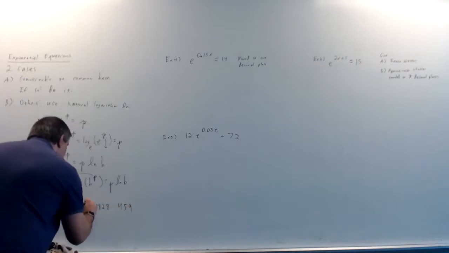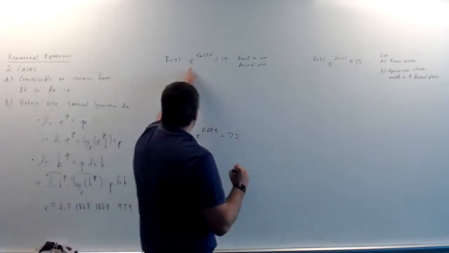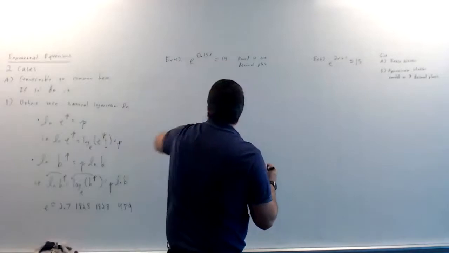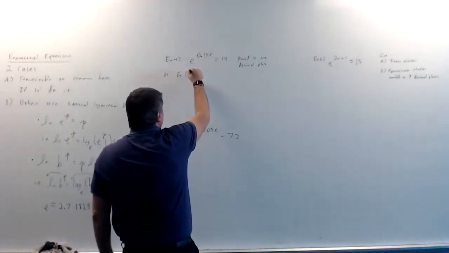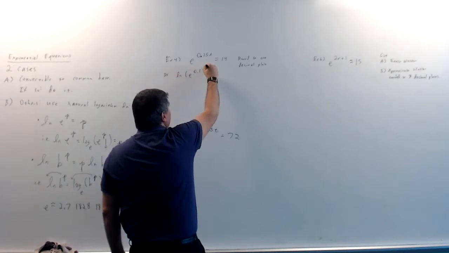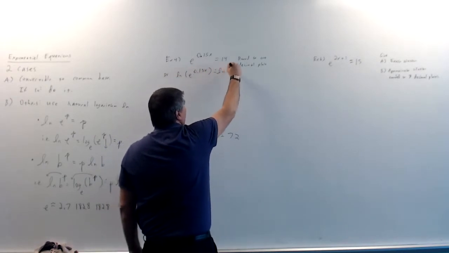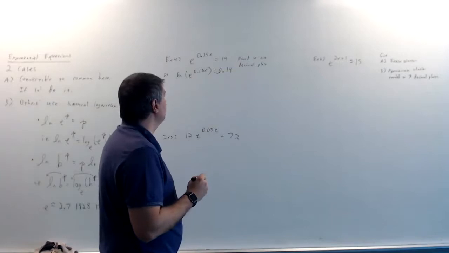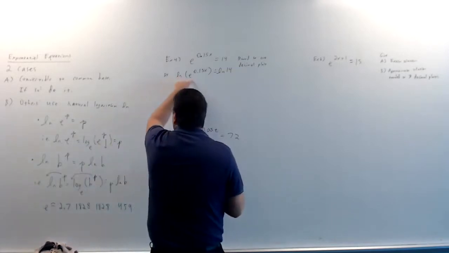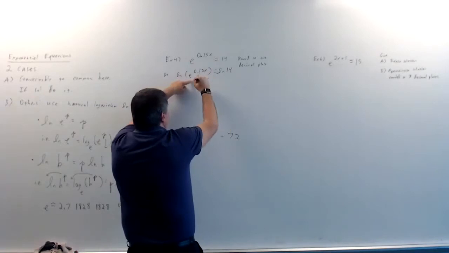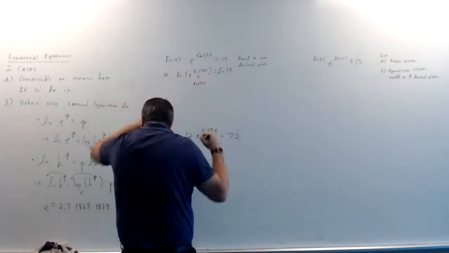There is no way to convert e and 14 to a common power, so we have to use a logarithm. So natural log of e to the 0.15x equals natural log of 14. Now, it's log base e of e to a power, so that allows me to take the 0.15x out of the exponent. It cancels the exponentiation.